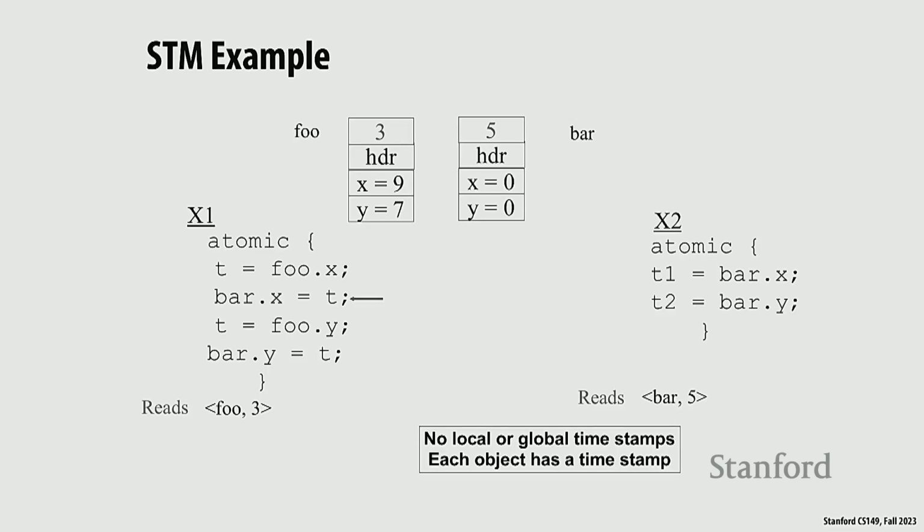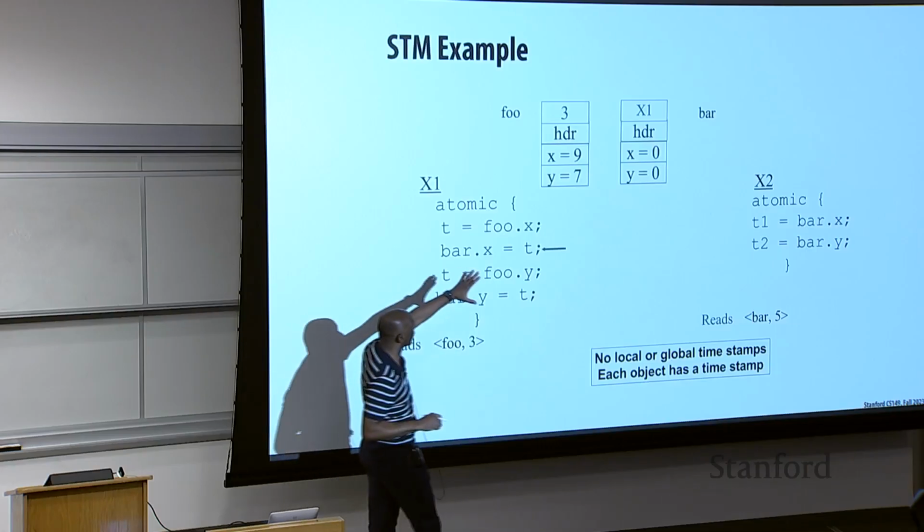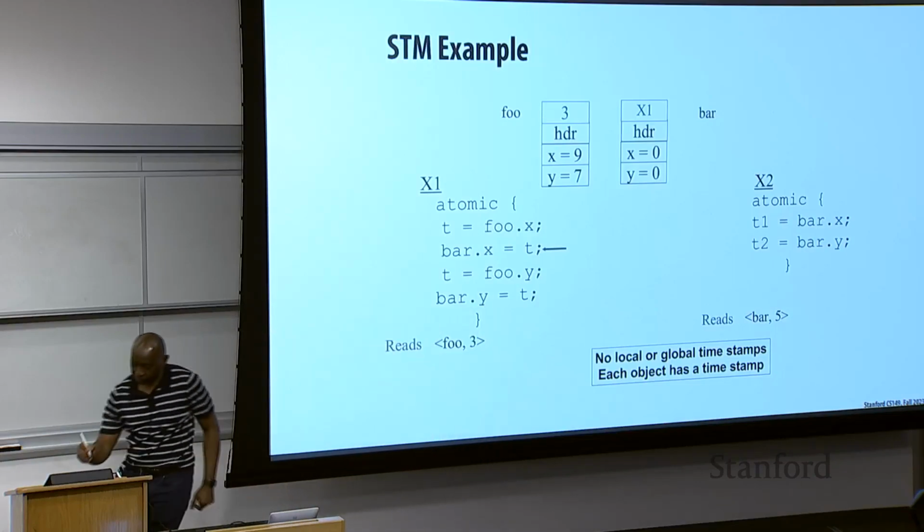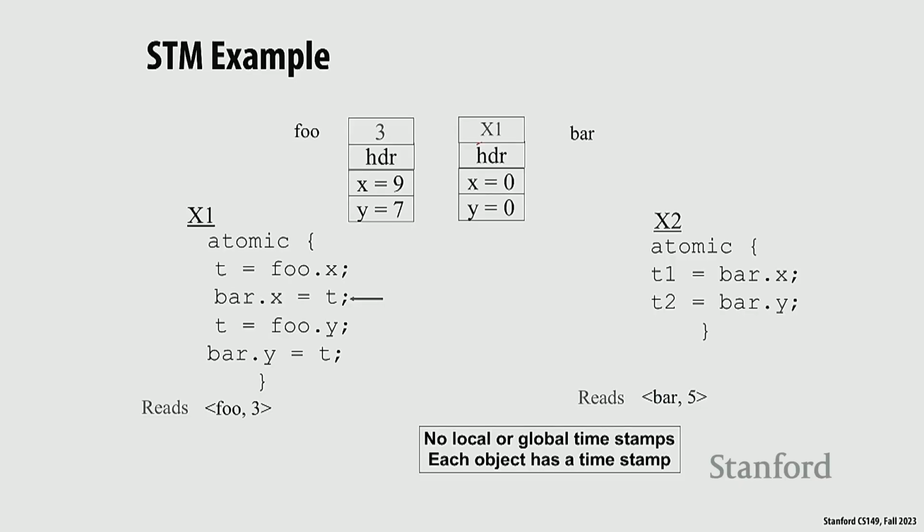Okay, and then we get a write to bar, right? And so what has to happen, right? We have to take the write lock, right? So we have a write lock, and that's indicated by the transaction pointer to X1.